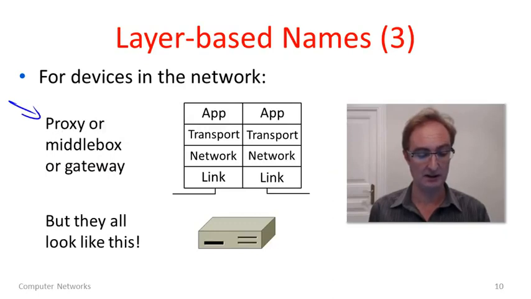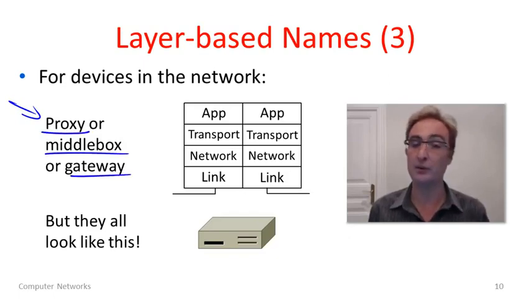There's a variety of terms for things that operate inside the network to provide connectivity and relay messages between devices, yet look higher than the network layer. So they might look into the transport layer or even the application layer. These are variously called proxies or middle boxes or gateways. They're actually strange devices in the middle of the network, not at hosts. Hosts, of course, need to process these layers. I'm really talking about devices in the network here.